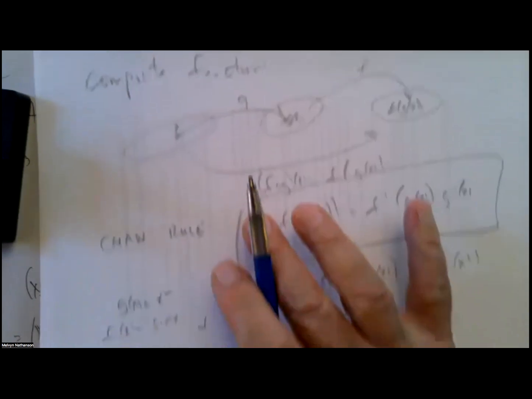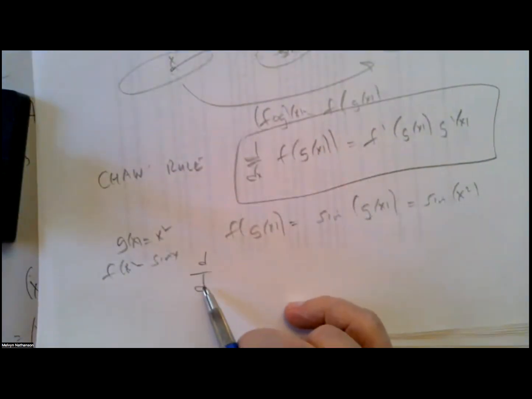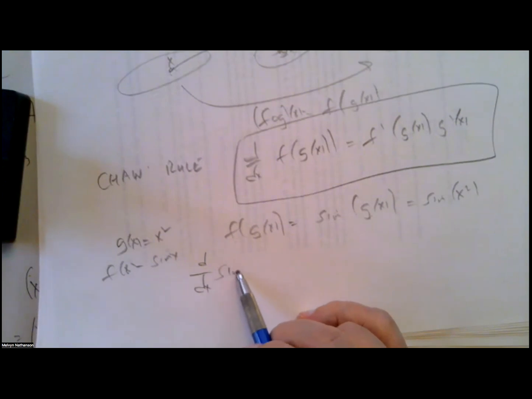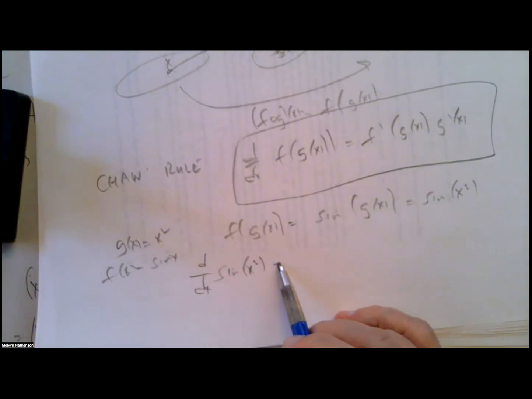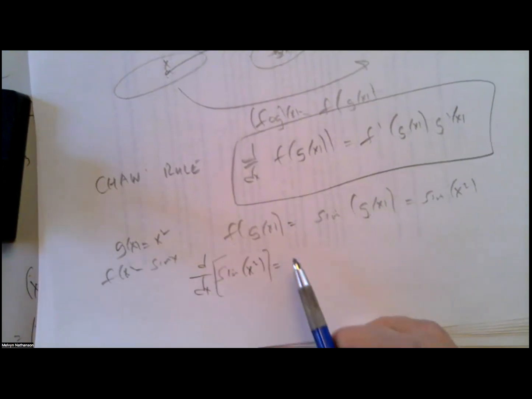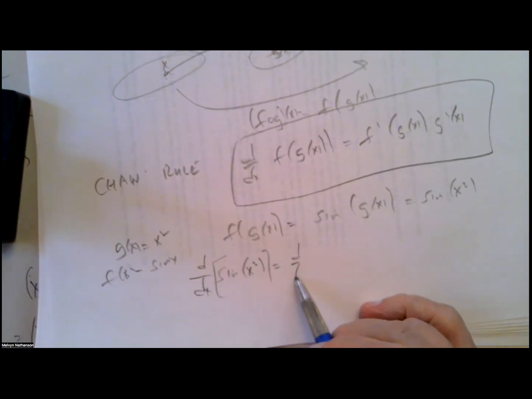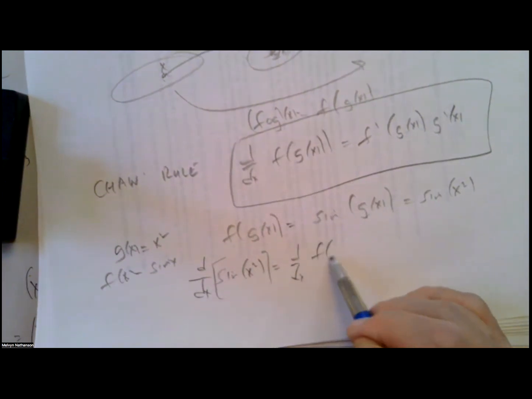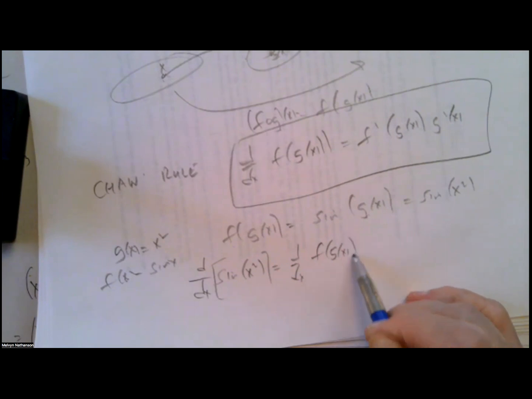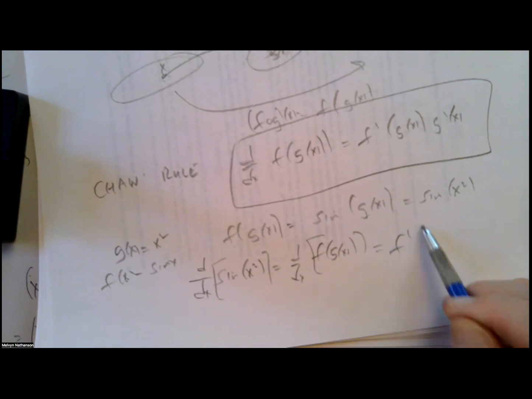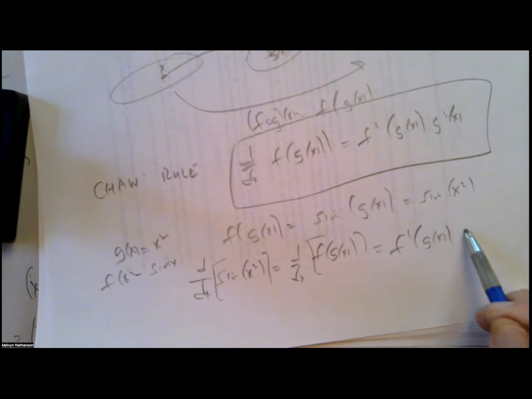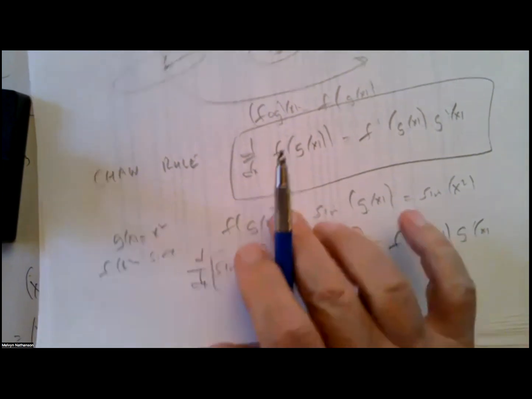So the derivative with respect to x of the sine of x squared, that's a complicated function. This is the derivative with respect to x of f of g of x. We can look at this as this composite function. So this is f prime evaluated at g of x times g prime of x.